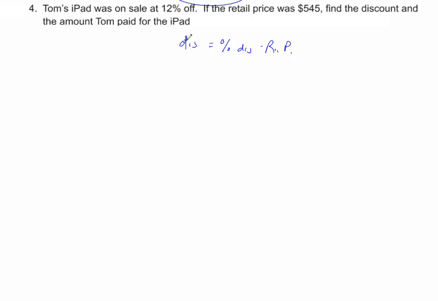You could also start with part equals percent times the whole. Somebody give me one of the spots of the formula. Emily, give me a spot. Okay, so the discount percent is 0.12, either way. I agree. Somebody give me another spot. Amber? The retail price is $545. Retail price is $545, so we must be finding the discount.